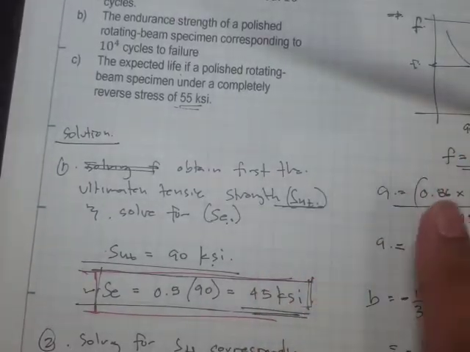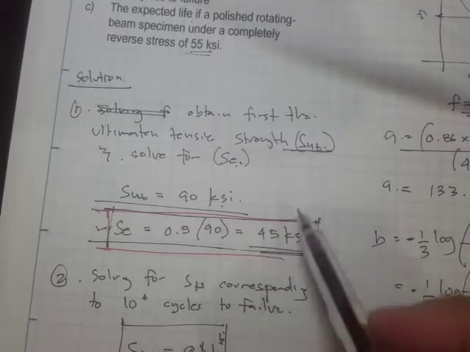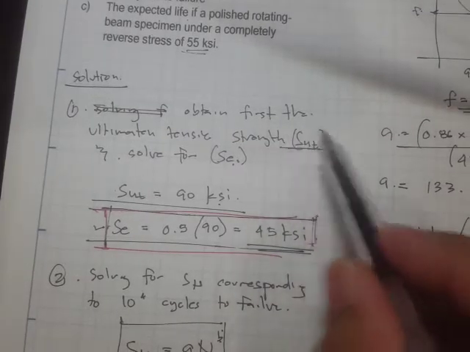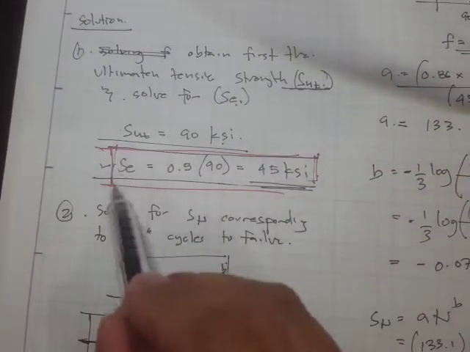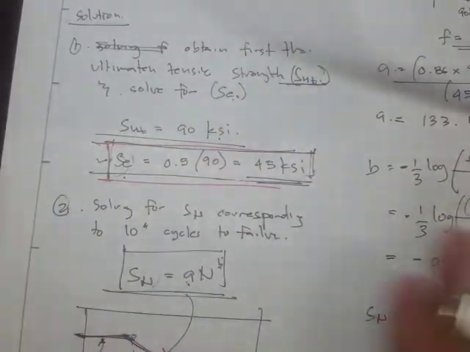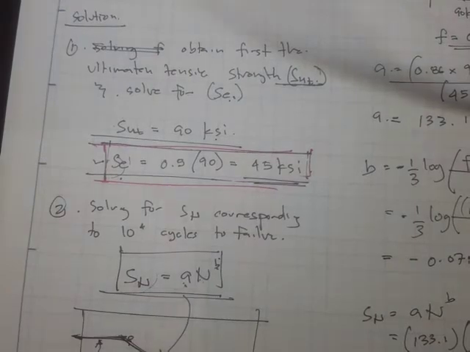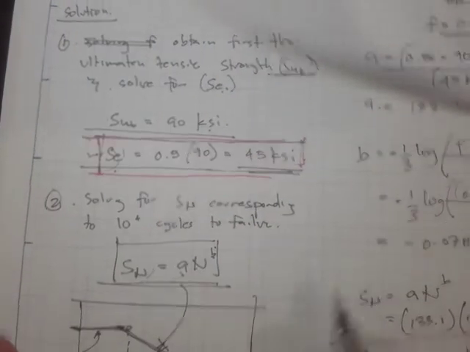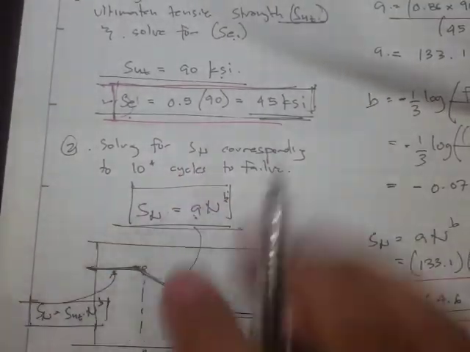So we are solving this one, and what we first did is to obtain the value of SUT, because once you have the ultimate tensile strength, then you can actually estimate the value of the endurance limit. So once you have the values right here, then you can actually solve for, or estimate, the fatigue strength or the number of cycles, right?